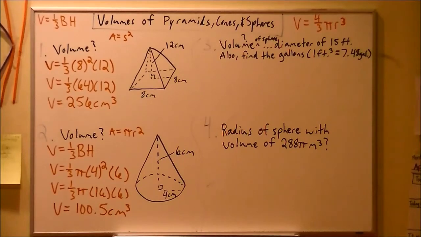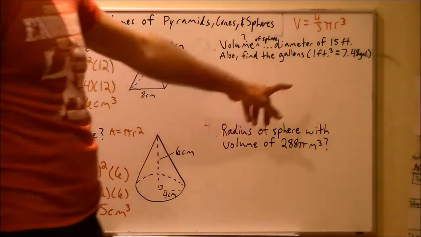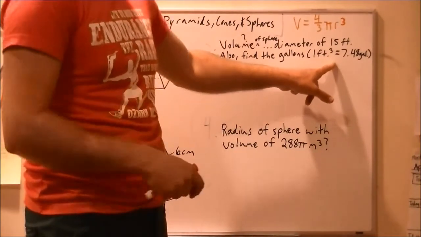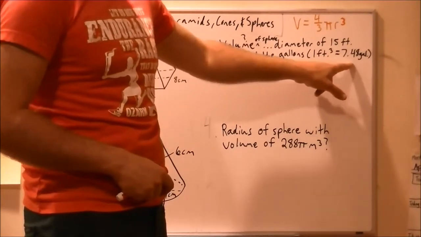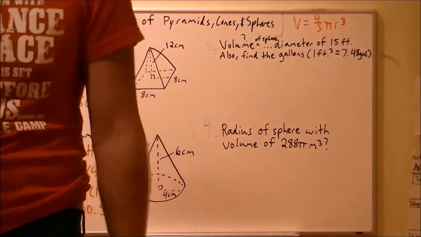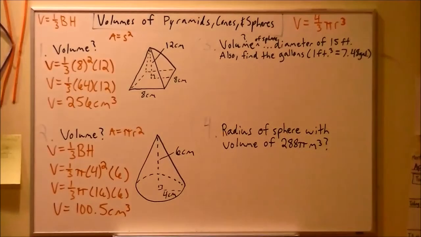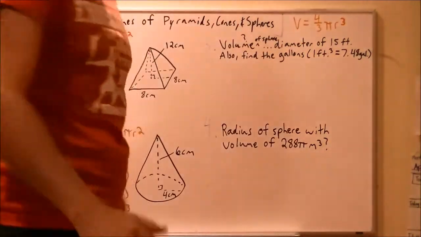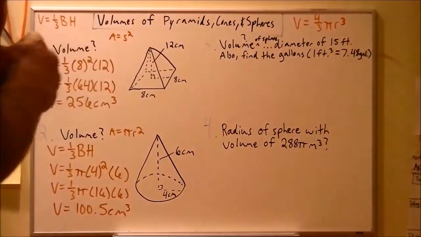We're given this handy conversion: 1 foot cubed is equivalent to 7.48 gallons. Whenever we get our feet cubed in the end, we will convert it into gallons using this conversion rate. We'll worry about that in the end.